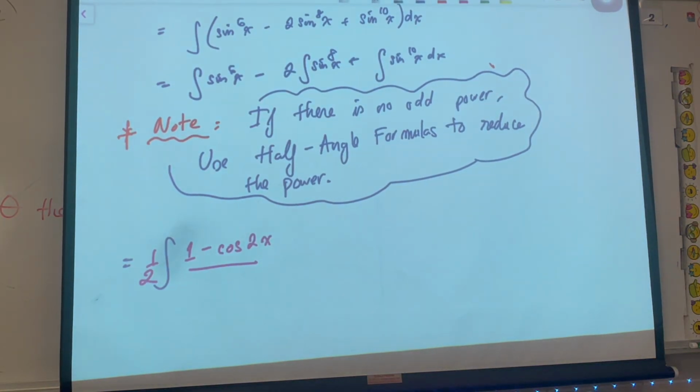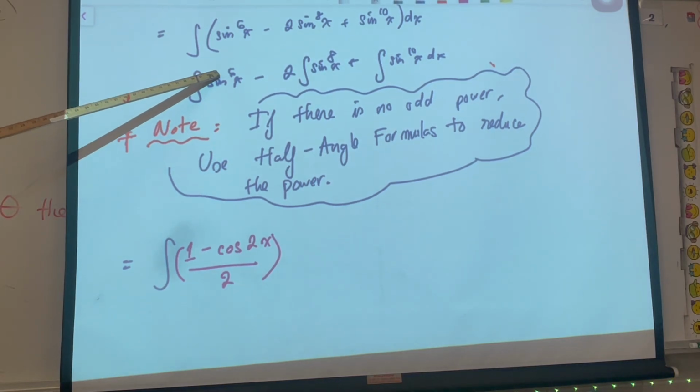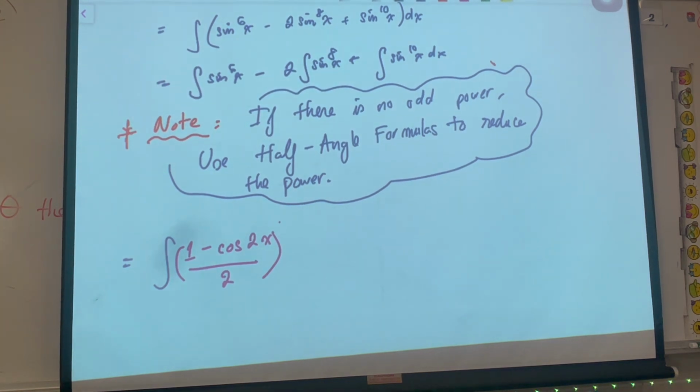Actually, don't do 1/2 here. Do the half here, because everything here needs to be to the power 3. Yeah, 3, because this is power 6. You reduce half of them. That's what they call half angle.